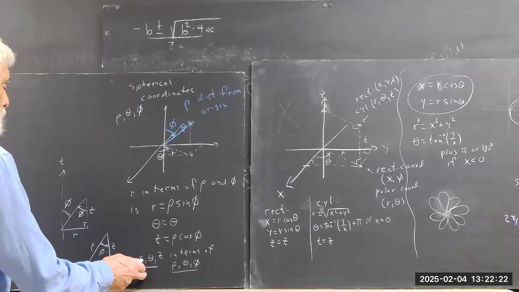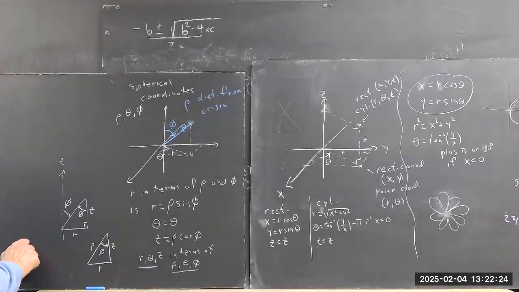And then, of course, you can also write rho, theta, and phi in terms of R, theta, and Z. Rho squared is R squared plus Z squared.